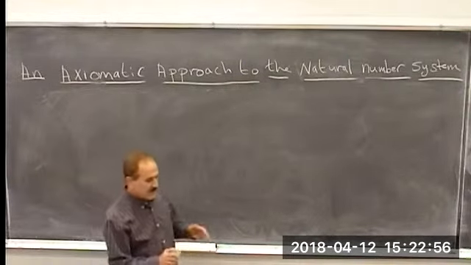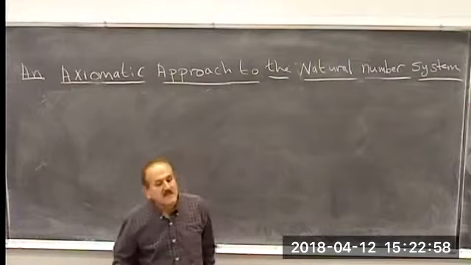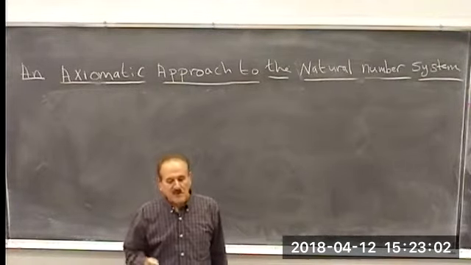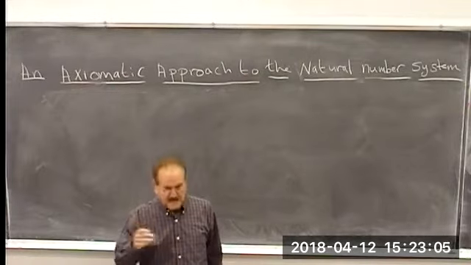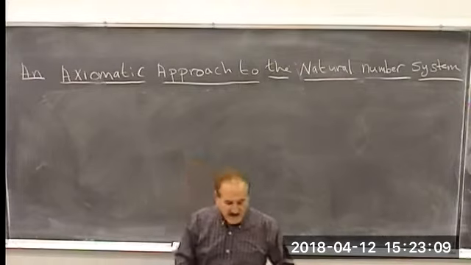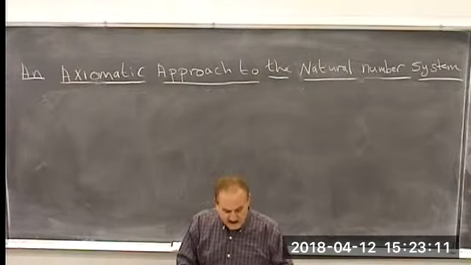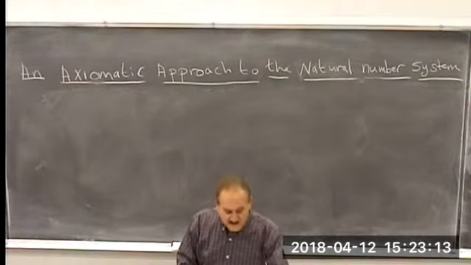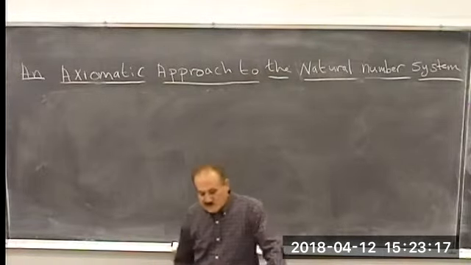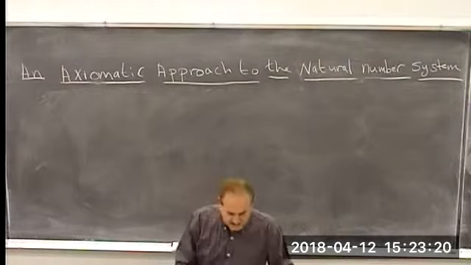So if you want to multiply 2 by 3, it means that you can add 3 to itself twice, or you add 2 to itself 3 times. So this is the way it was defined in grade school, and in fact, this is the way the axiomatic definition of multiplication is given.